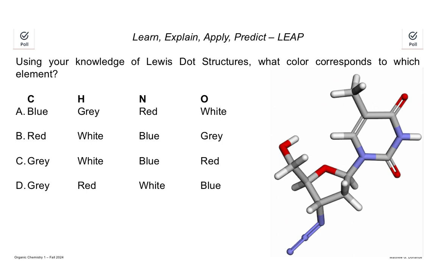So we have C, H, N, and O. So looking at the molecule, carbon is going to be gray. So we can eliminate A and B. Hydrogen will be white. So just through that series of questions, we see that the answer is C. So carbon's gray, hydrogen's white, nitrogen's blue, oxygen's red. And in the next question, we'll figure out why that is.